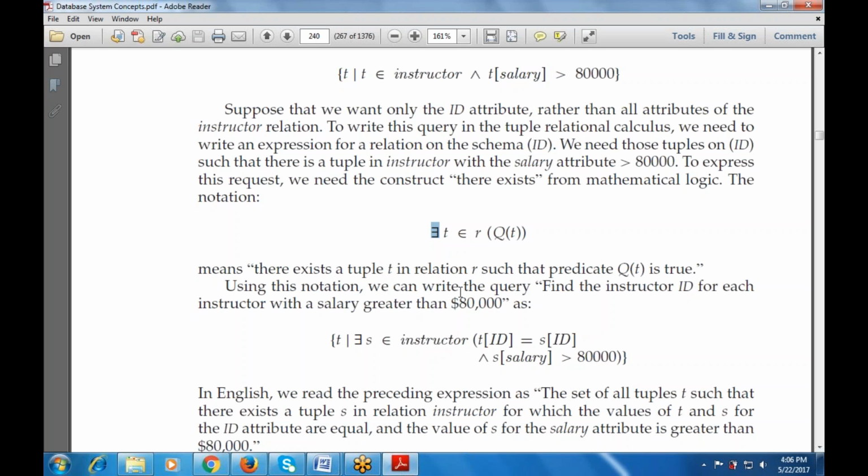In English, we read the preceding expression as the set of all tuples T such that there exists a tuple S in the relation instructor for which the ID attributes of S and T are equal, and the value of S for the salary attribute is greater than 80,000.